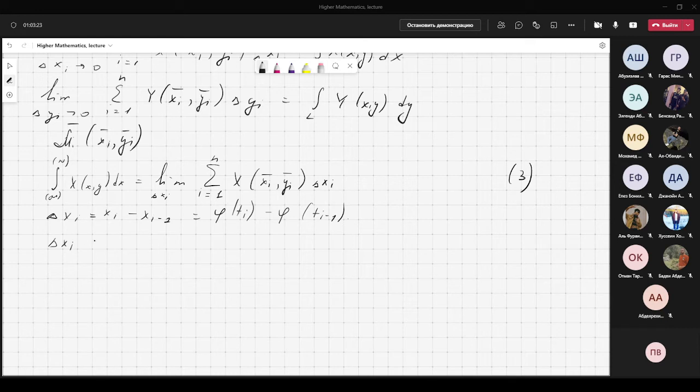Delta x_i equals phi of t_i minus phi of t_{i-1} equals phi prime of theta_i times t_i minus t_{i-1} equals phi prime of theta_i times delta t_i, where theta_i is some value of t that lies between the values t_{i-1} and t_i.